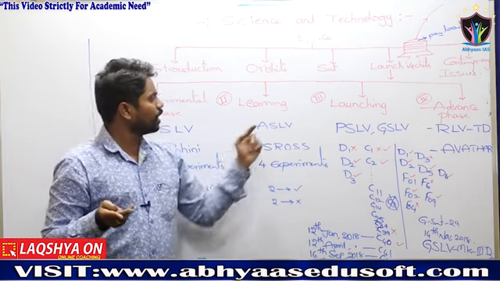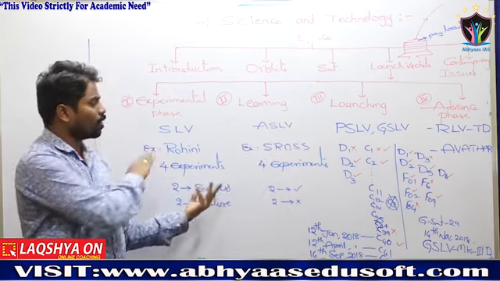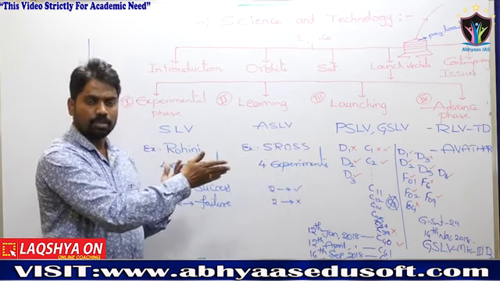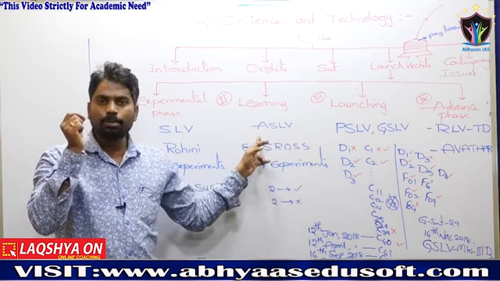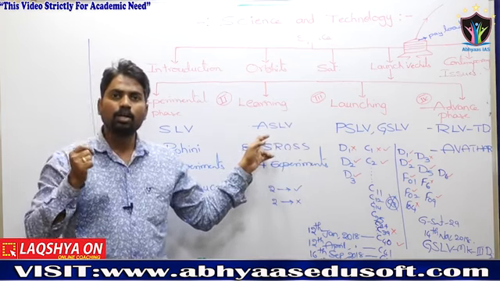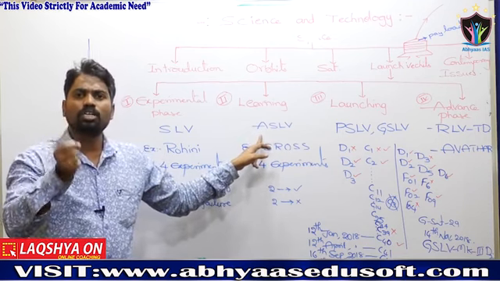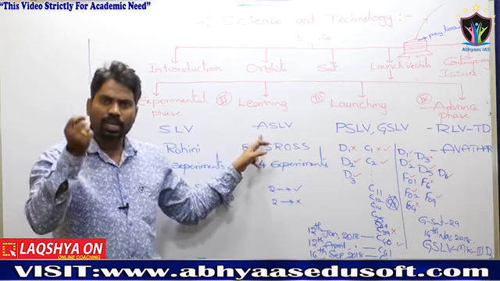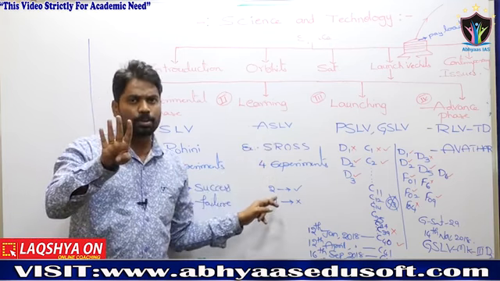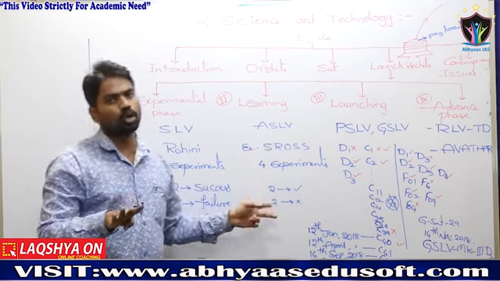What about the learning phase? The Augmented Satellite Launching Vehicle is a somewhat boosted up, better satellite launching vehicle. By the help of ASLV, we conducted 4 experiments, 2 successes and 2 failures.